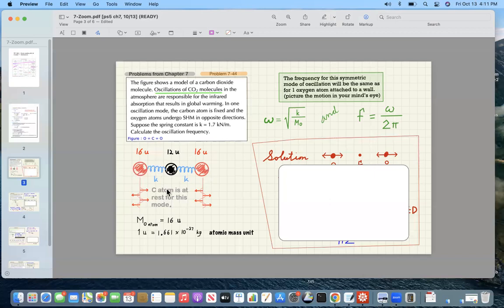So the frequency would just be the same as for one oxygen atom attached to a spring and the other end attached to a wall. So that's where the angular frequency is the square root of k over m. In this case, the mass m is just the mass of the oscillating part, the mass of the oxygen atom. k is the spring constant, which we're using to describe the interatomic force.